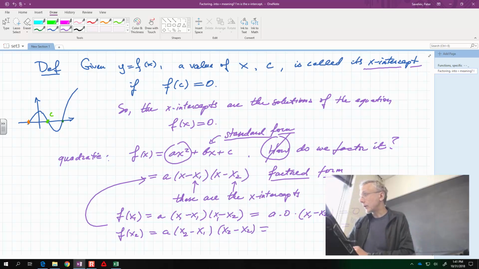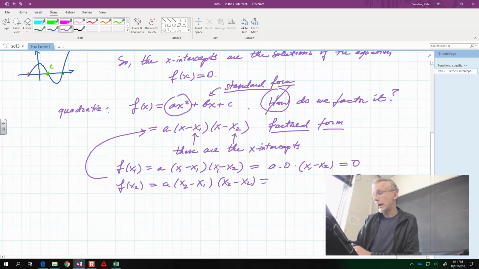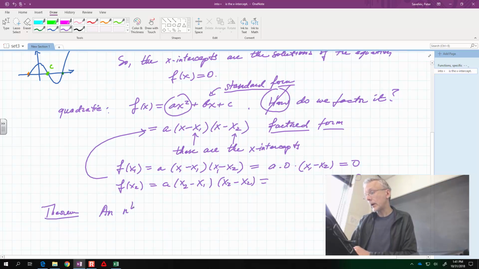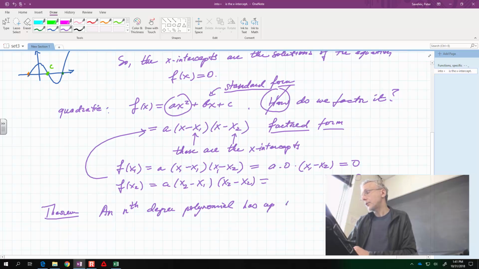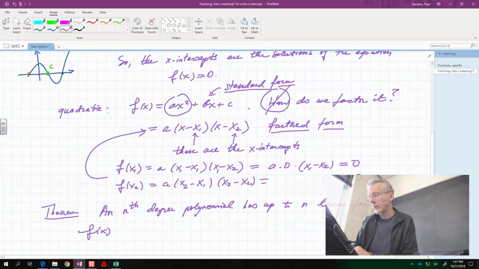Okay? So let me write it. Theorem, just for now: an nth degree polynomial has up to n linear factors. So f of x will look like this. Ideally, it may have n, but it might have fewer.